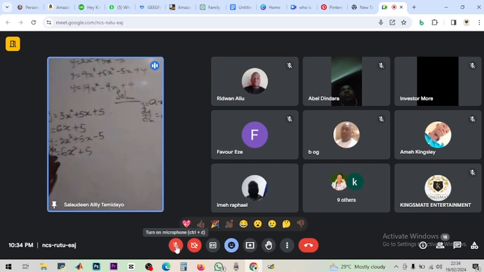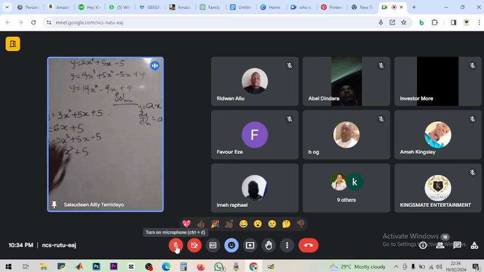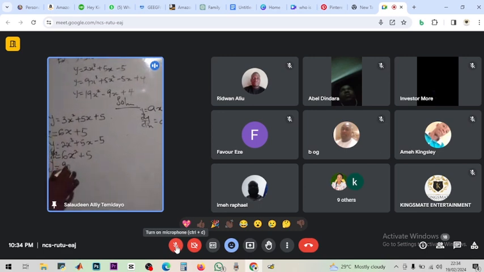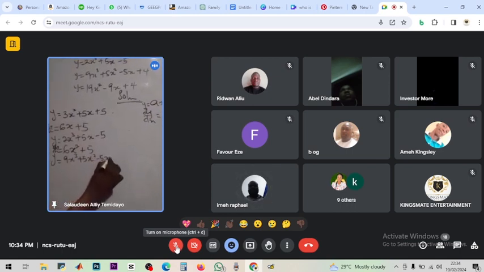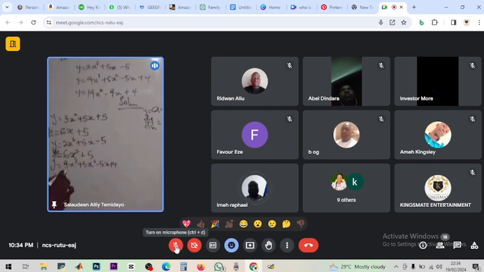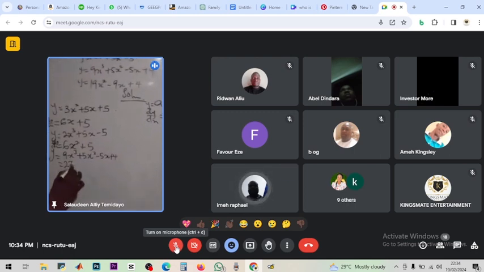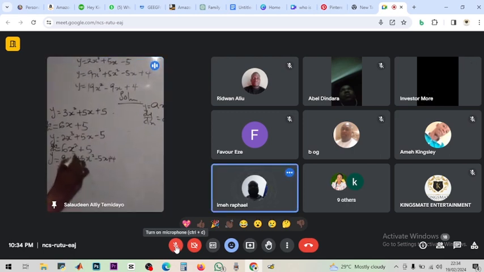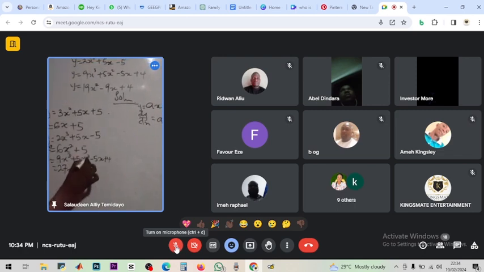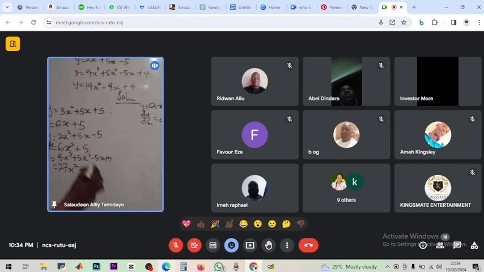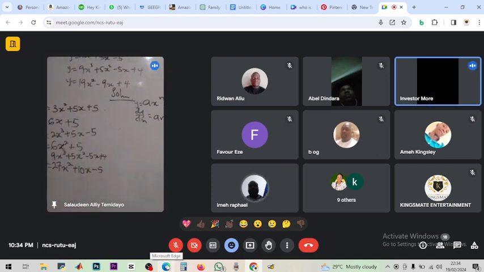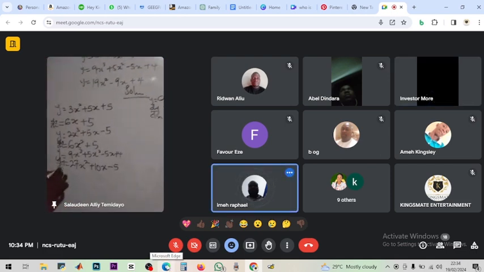Next, y equals 9x cubed plus 5x squared minus 5x plus 4, so dy/dx: 3 times 9 is 27x raised to the power of 3 minus 1, that is 27x squared, plus 2 times 5, 10x, minus 5.